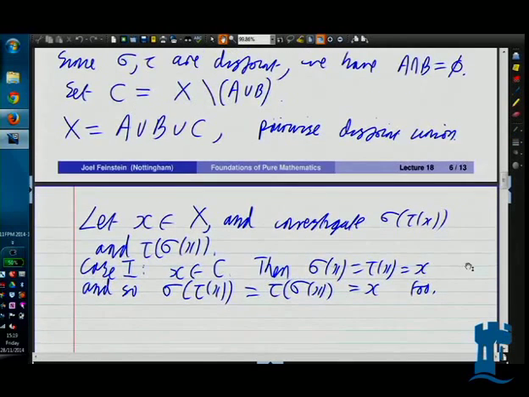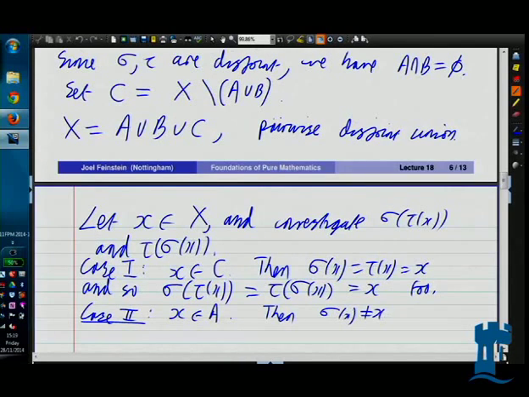Case 2 is x is in A. Then sigma of x is not equal to x, but tau of x equals x. X is moved by sigma, but is not moved by tau, because they're disjoint permutations.